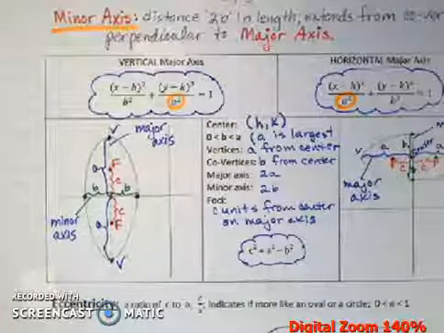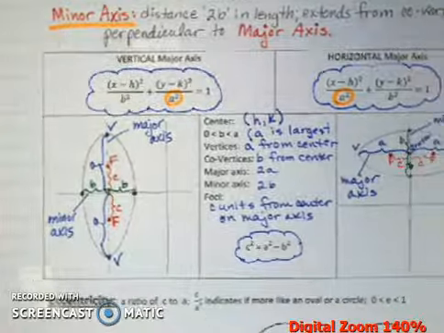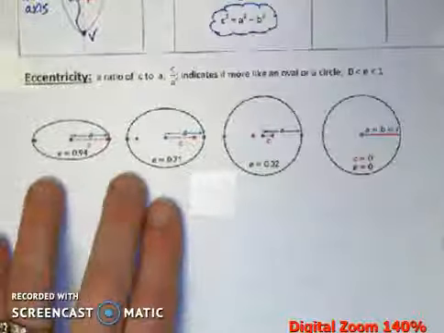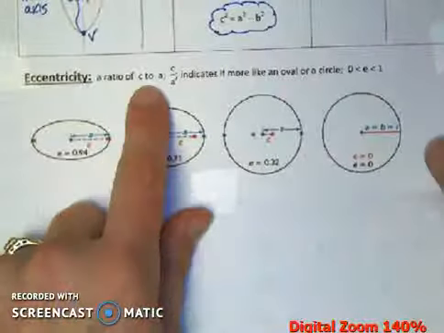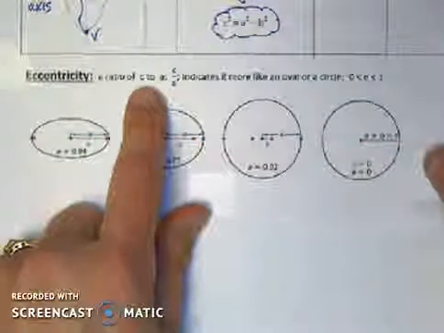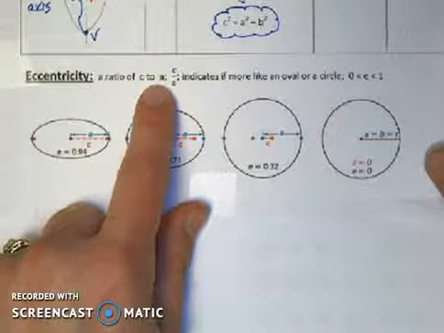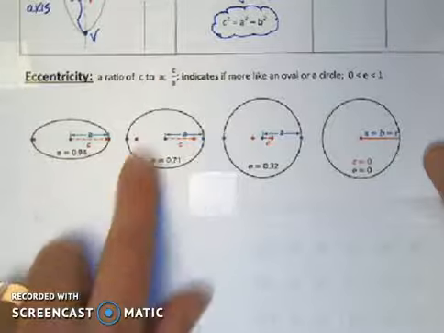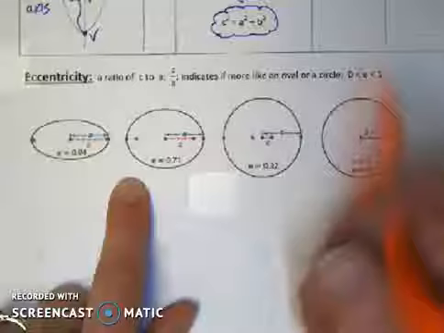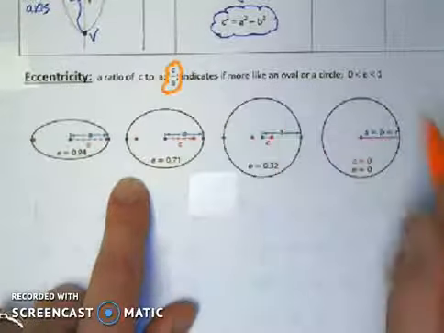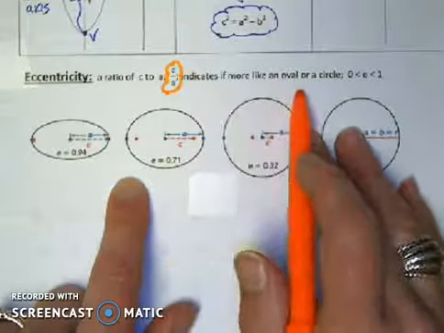Now let's talk about another vocabulary word, and that is the eccentricity. The eccentricity is the ratio of C to A. Remember, C is the distance to the foci, A is the distance to the vertices. And if you do C over A, that indicates how much like an oval it is.